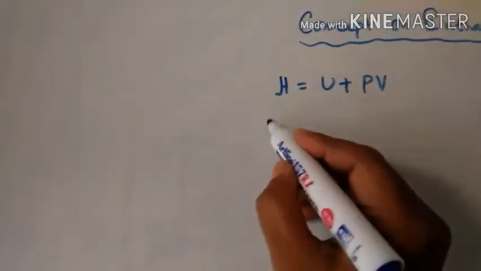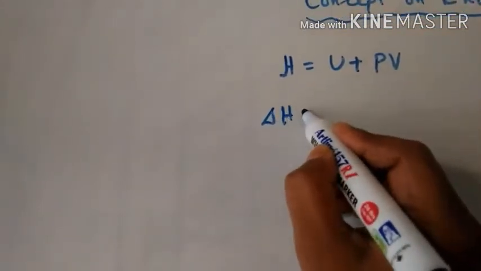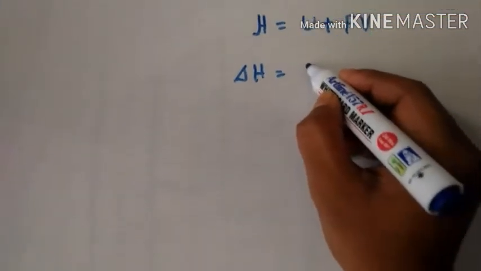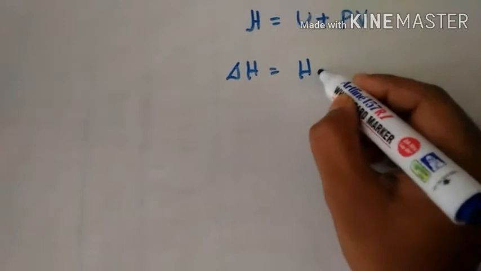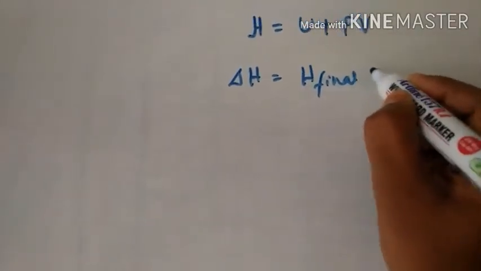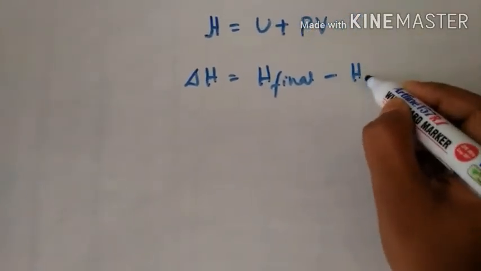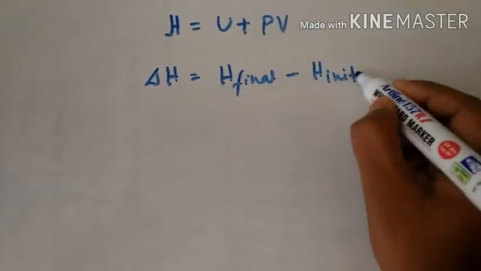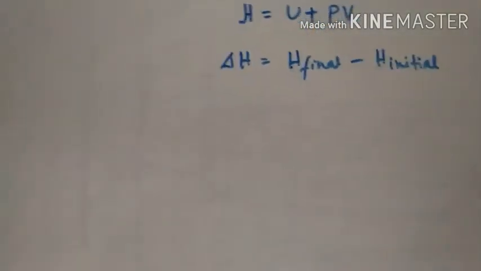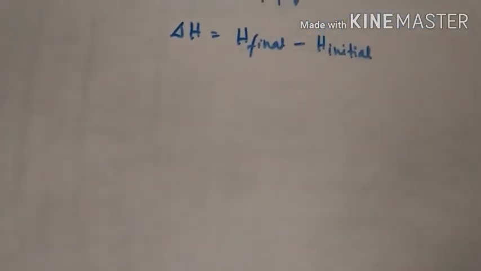So delta H is written as H final minus H initial. Enthalpy is also an extensive property.